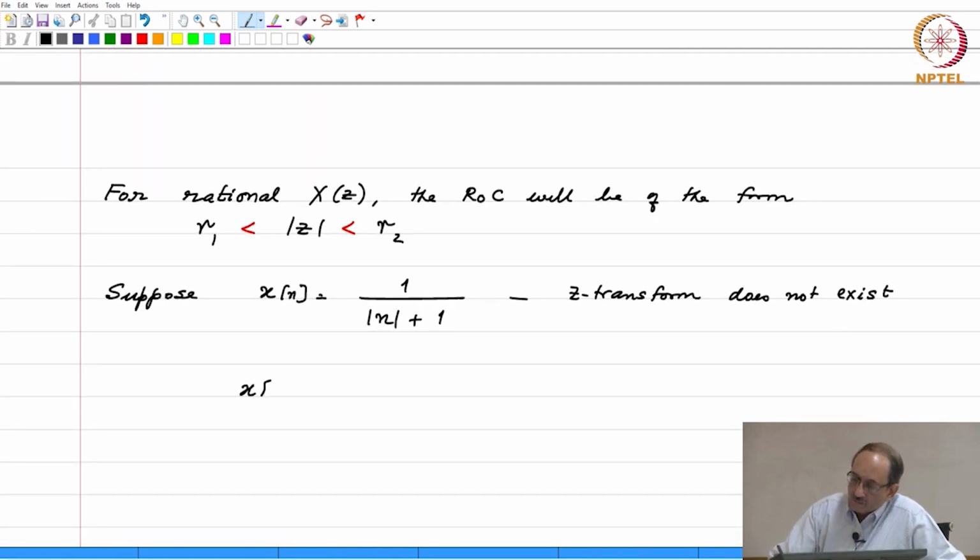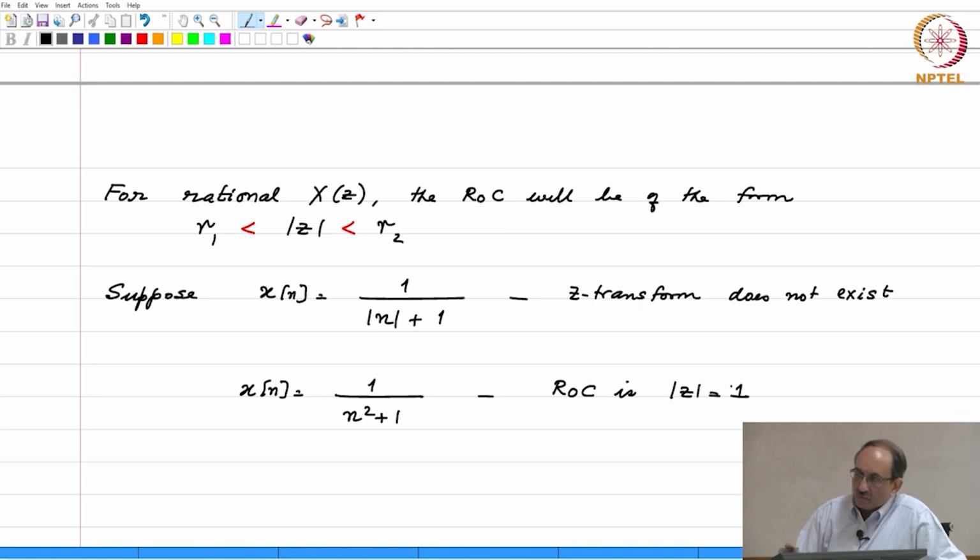And suppose you had a sequence like this, 1 over n squared plus 1, the ROC is mod z equal to 1. So, this exists only on the unit circle.